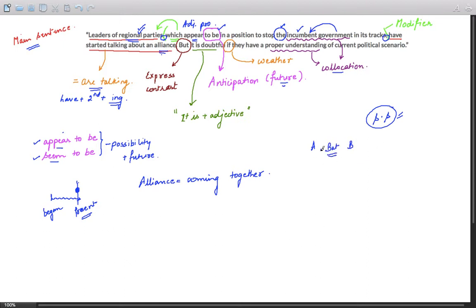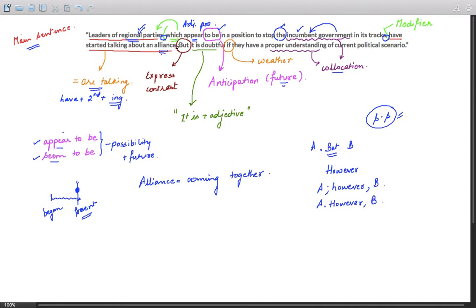You can begin a sentence with but, you can also begin a sentence with however. When you want to place a contrast in the same sentence, it is better to use a semicolon, however, comma, then B. Or a full stop, however, or but, the same thing, comma, B.